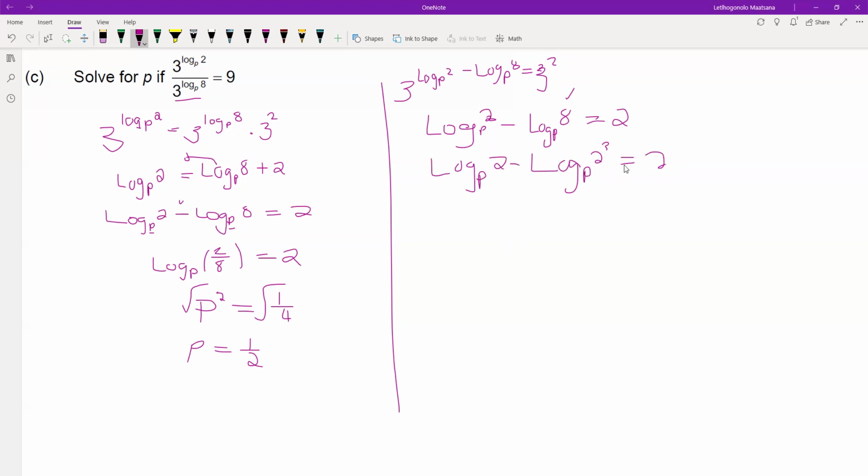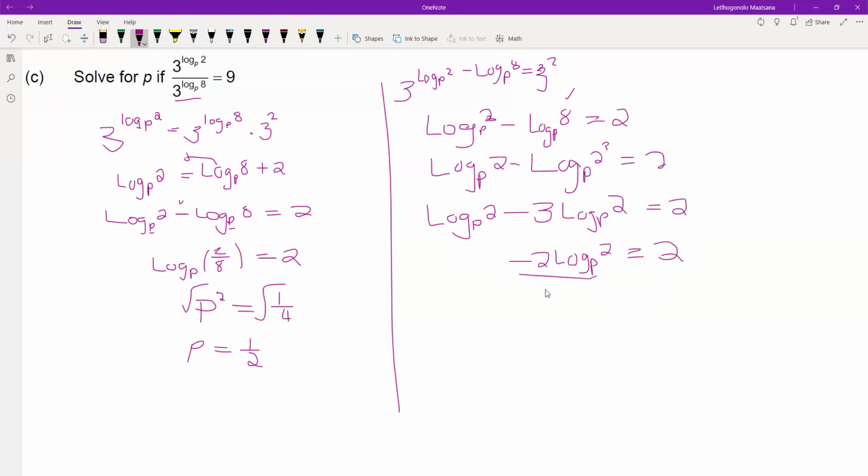Let's not forget the subtraction. And according to the log rules, if we have to the power of something, we can bring it to the front so that it becomes a coefficient. So we now have log base P of 2 minus 3 log base P of 2 is equal to 2. We will then go ahead and subtract these from each other. So we have minus 2 log base P of 2 is equal to 2.